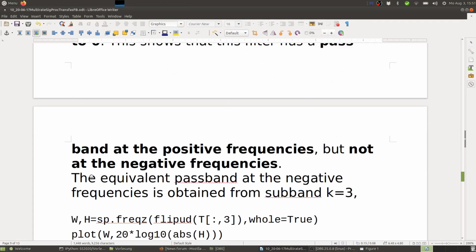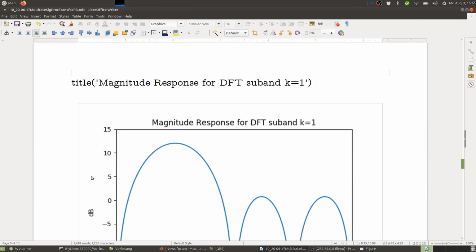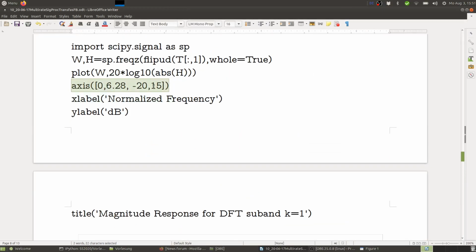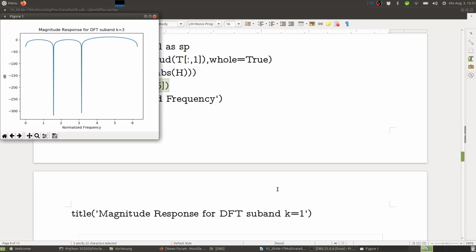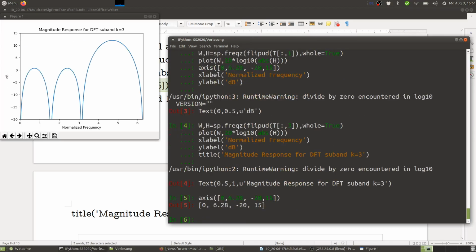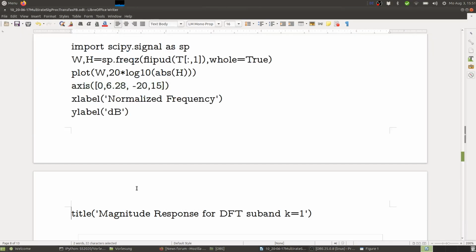Yeah. This shows you why setting the axis is useful, because otherwise we get a very funny scale. So here we don't need to go down to minus 300, and this is because the zeros here basically have a minus infinity. And to get a better scaling, we need those axes. So here you can have it now.